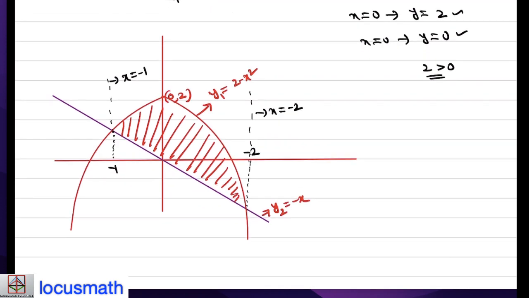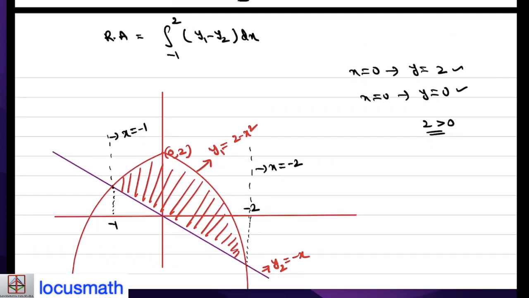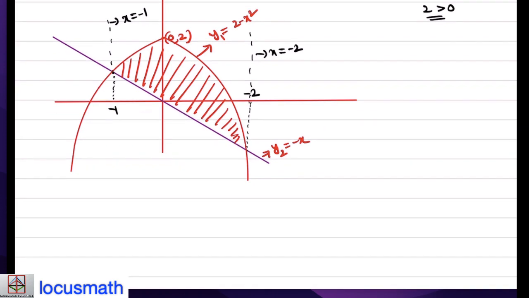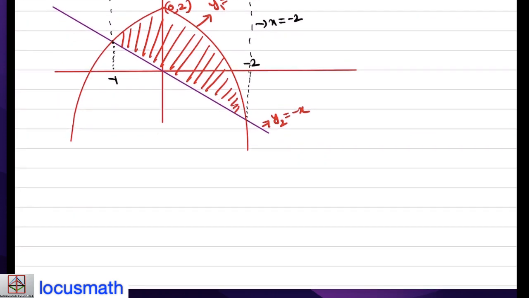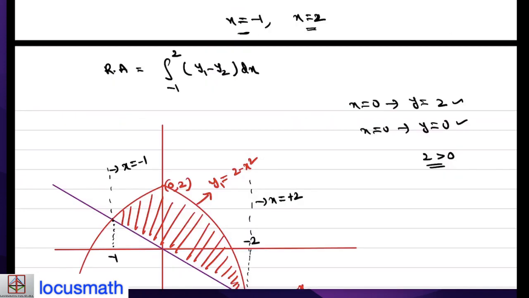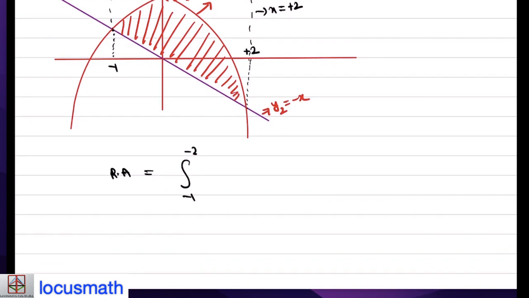Now the required area is equal to, just substitute y1 and y2 in this one. Therefore required area is equal to integration of -1 to, sorry, I think this is +2, yes, integration of -1 to 2 of y1 minus y2.